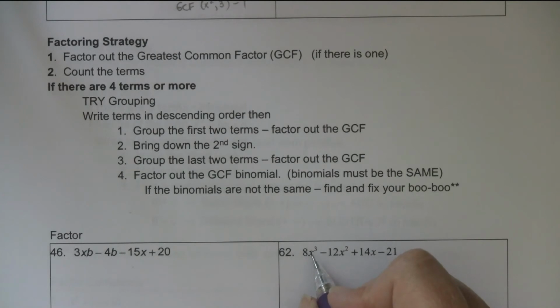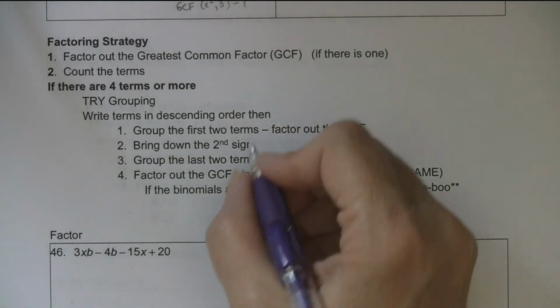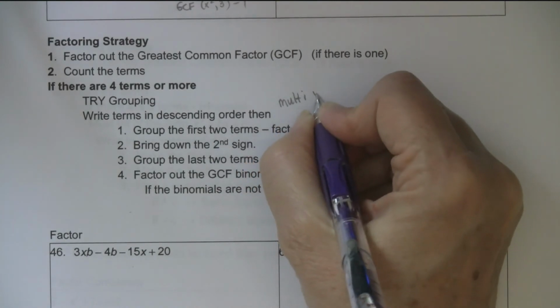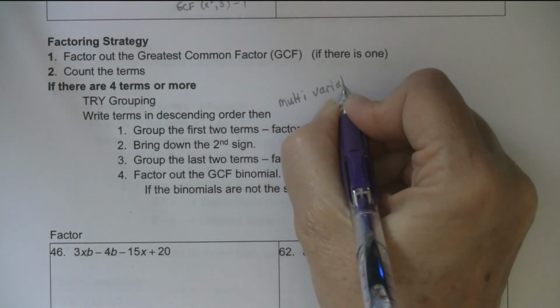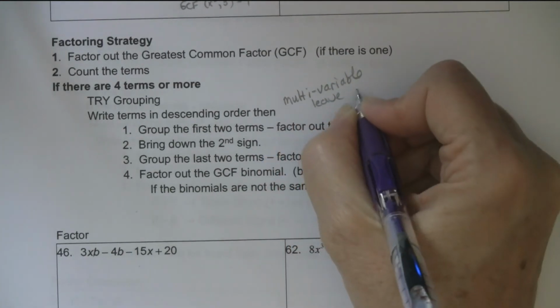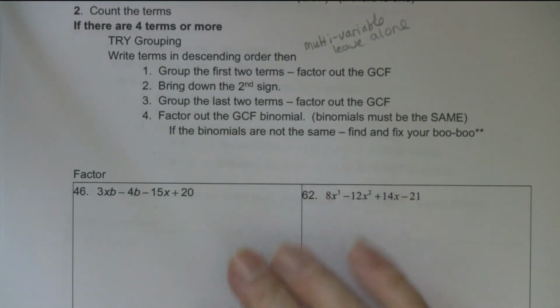X to the 3rd, degree 3, degree 2, degree 1, degree 0. So anyway, multivariable, I didn't have that here, but I'll write it here. Multivariable, leave alone. And if that doesn't work, then reorder it, but try leaving it alone first.